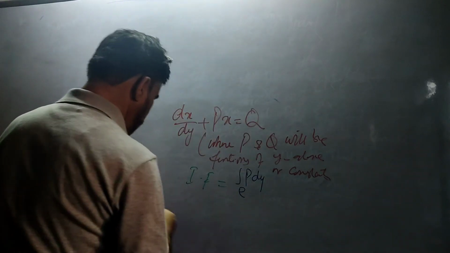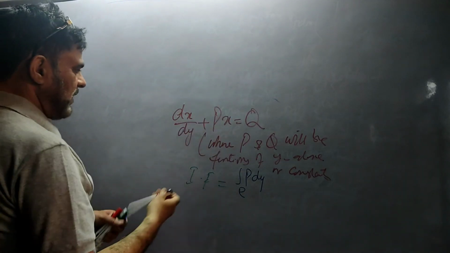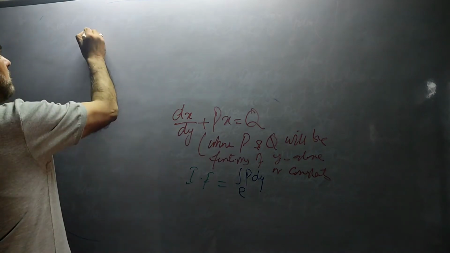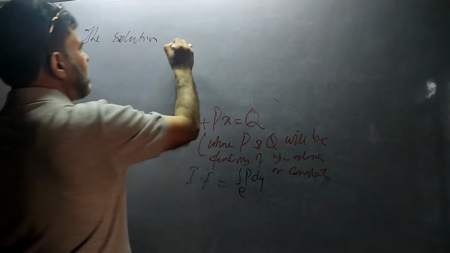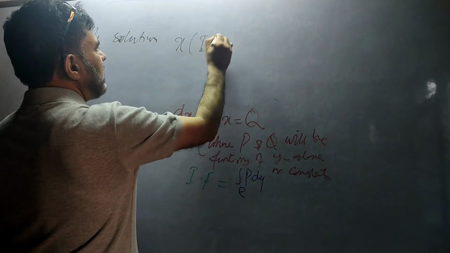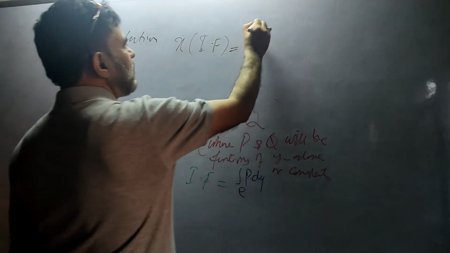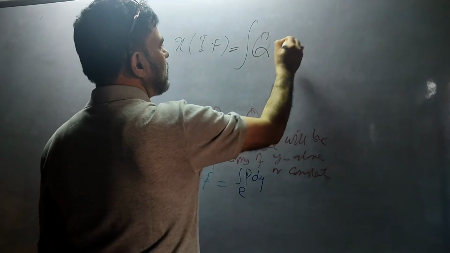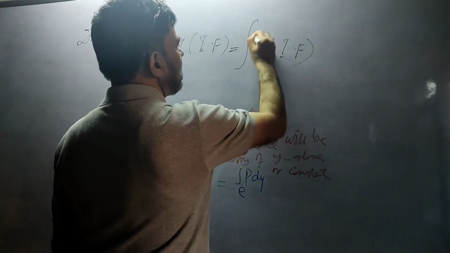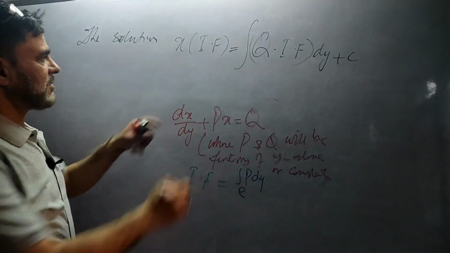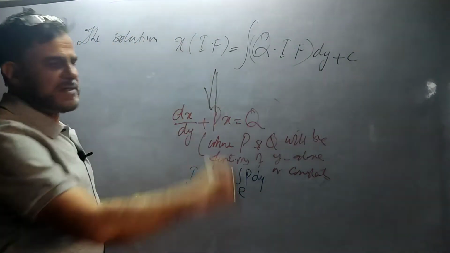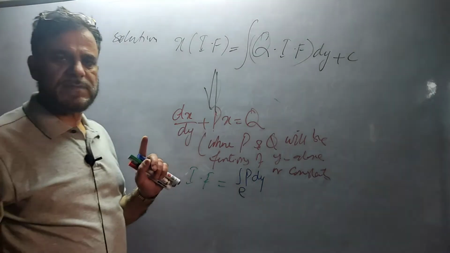The solution of this type of equation in this case will be x into the integrating factor is equal to the integral of q into the integrating factor with respect to y, plus an arbitrary constant. It is the solution of this type of differential equation where p and q are functions of y.